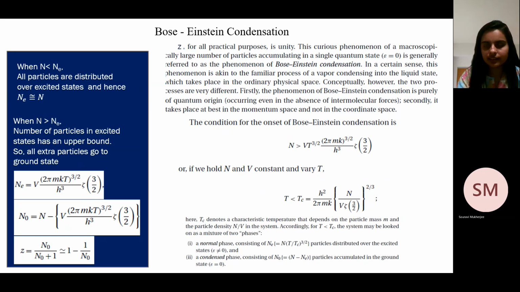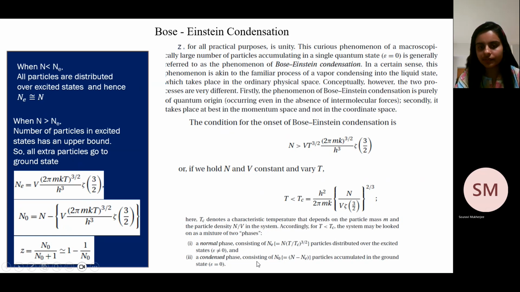And that is the Bose-Einstein condensation that one sees in Bose gases. So Tc is a characteristic temperature that depends on particle mass and the number density. And now if your temperature is less than Tc, your system can be looked at as a mixture of two phases. One is a normal phase consisting of N_E number of particles over excited states.